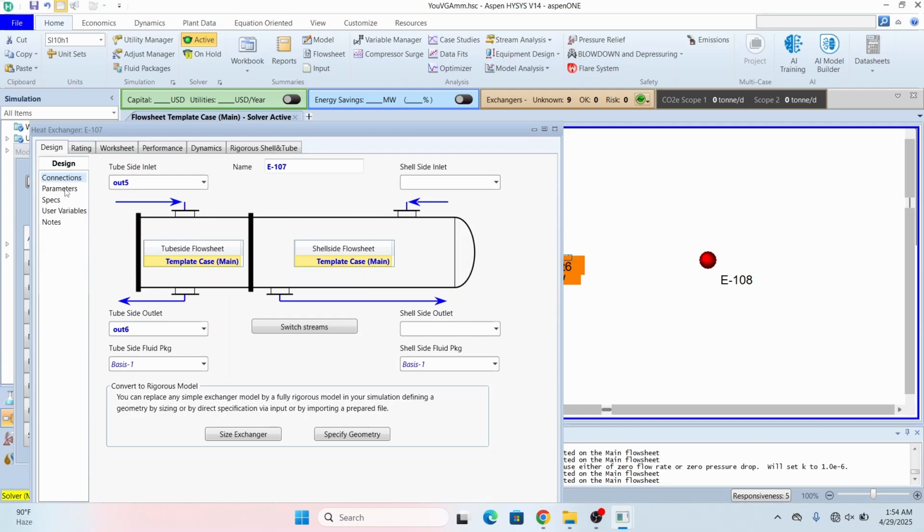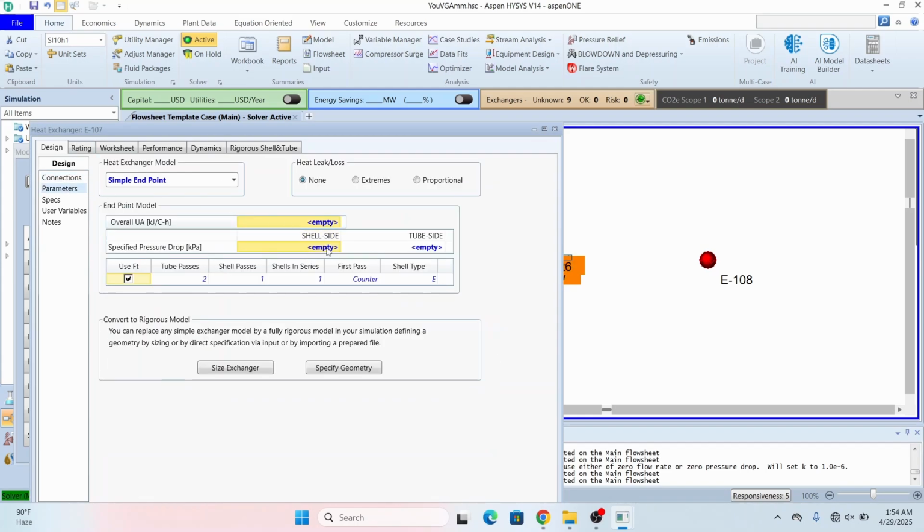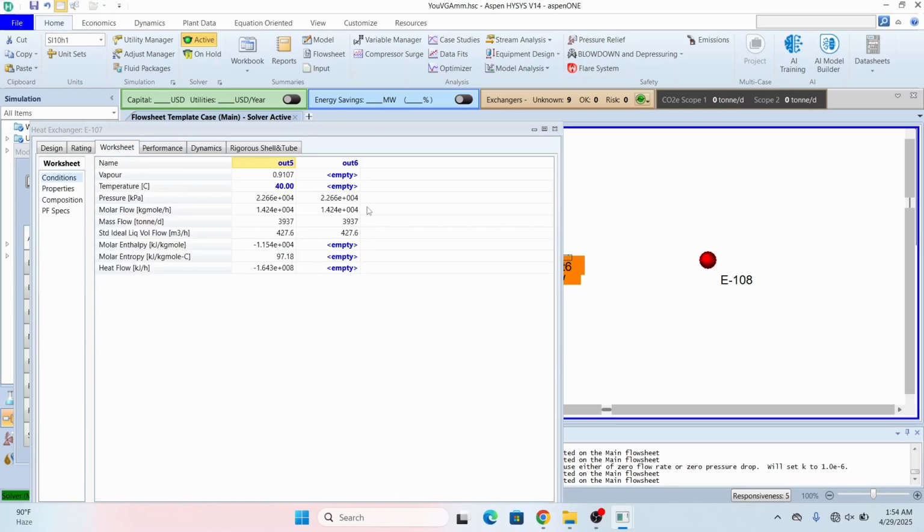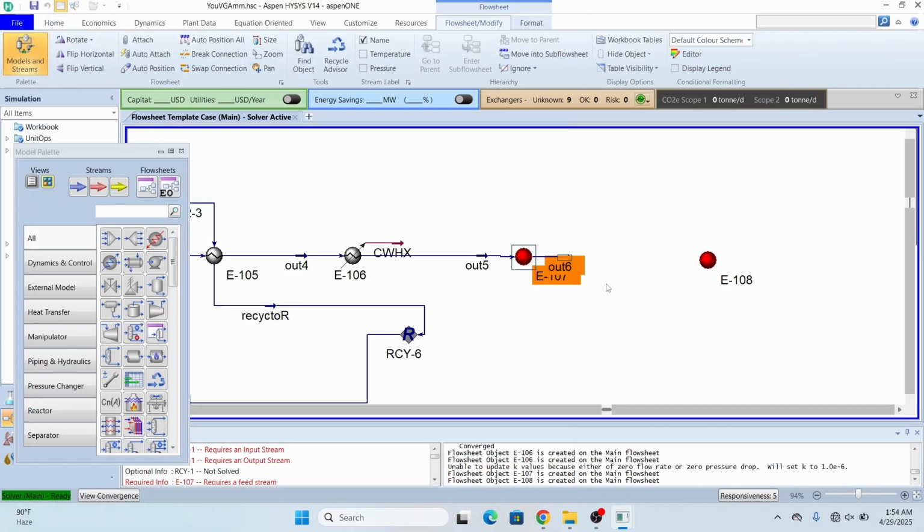Go to the parameters and specify the pressure drop as 0 for both of them. Go to the worksheet, and in the first one you can decrease the temperature to 14 degrees, say. So you have decreased the temperature to 14 degrees in the first heat exchanger. This heat exchanger is a part of your refrigeration cycle.